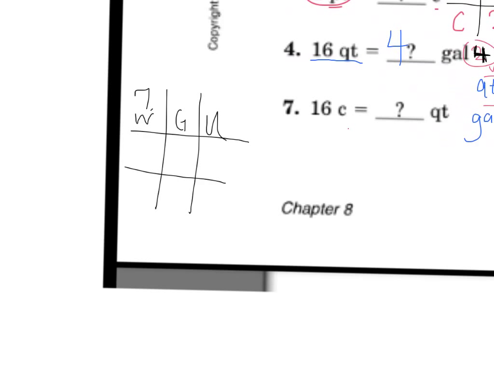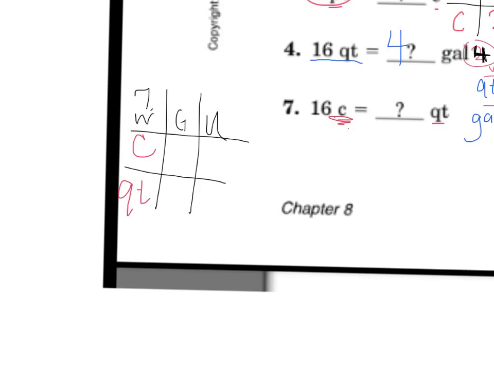Cups and quarts. Okay? Now, we have a problem here because they tell us that 1 quart is 2 pints, and 1 pint is 2 cups. So we're going to have to do 2 WGU tables because cups and quarts is not on there.